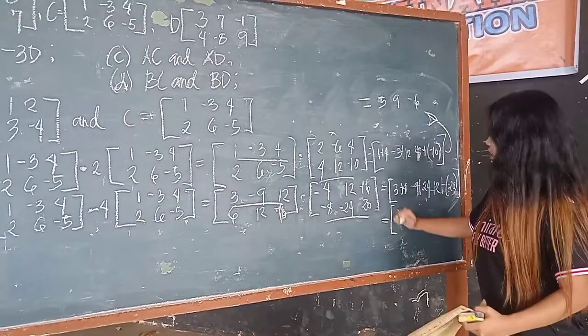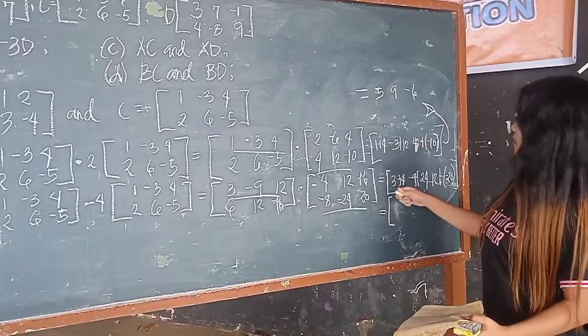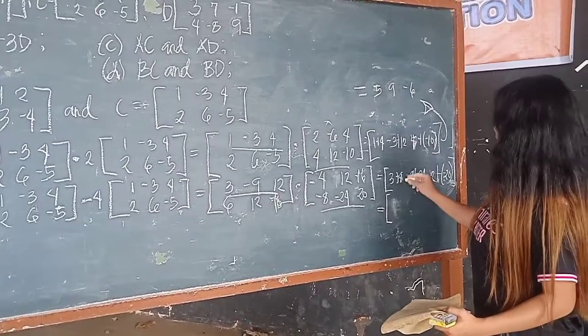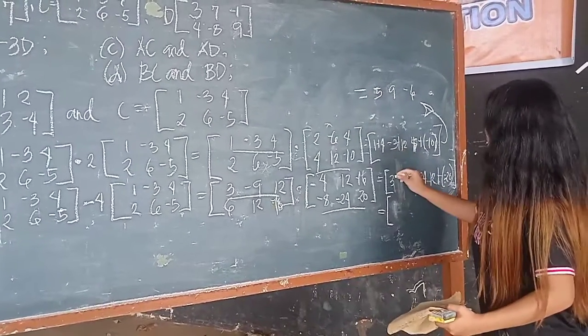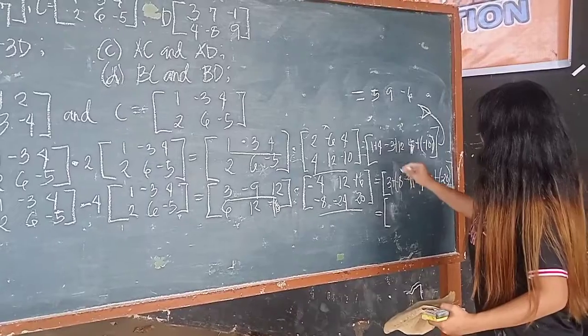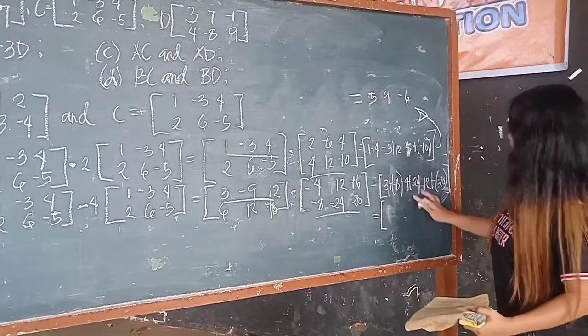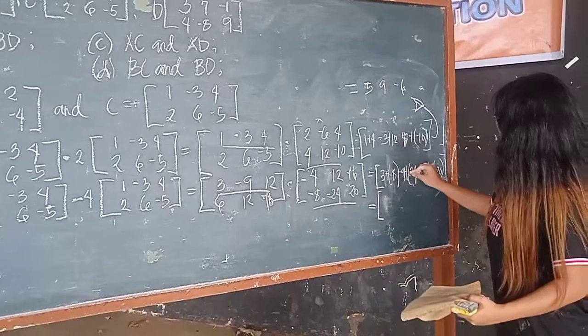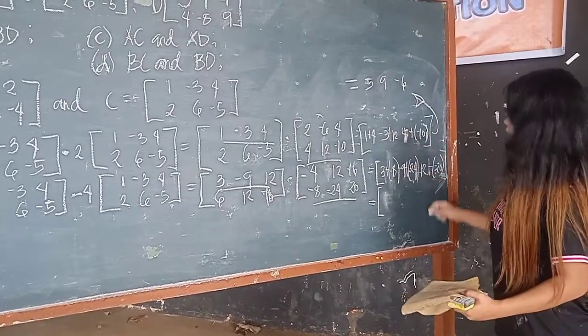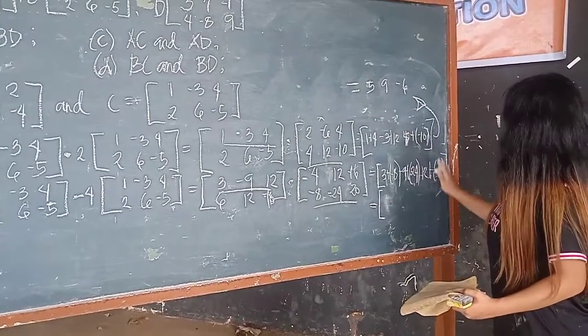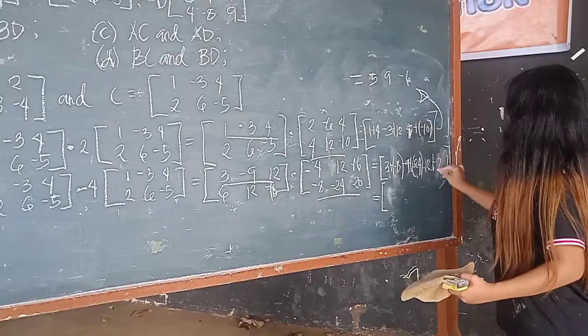So therefore, it is 3 plus negative 8, then negative 9 plus negative 24, then 12 plus positive 20.